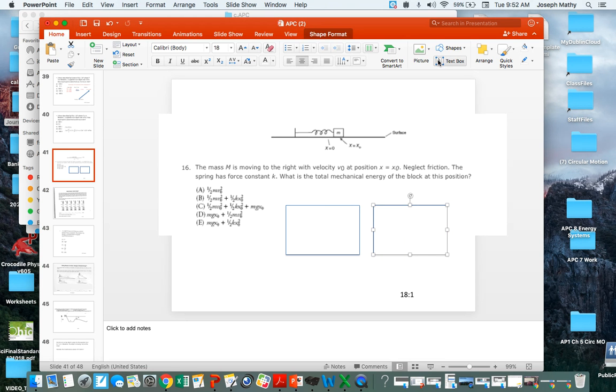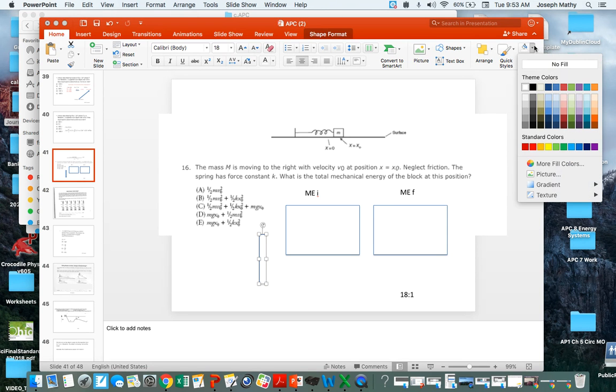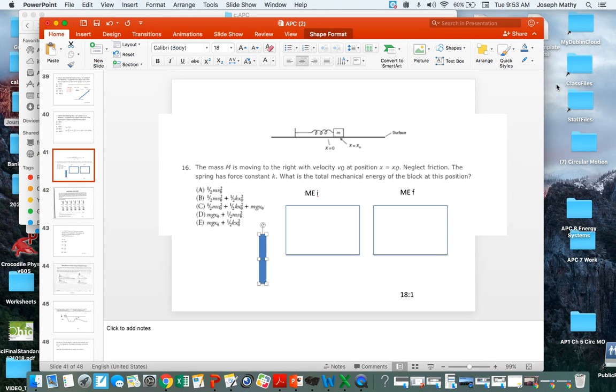Bar graphs help us with the mechanical energy that occurs initially, and we compare it to the mechanical energy that occurs in a final scenario, like this. In an initial sense, it doesn't even tell us what we have initially. It only lets us know that there must have been some kind of energy initially.